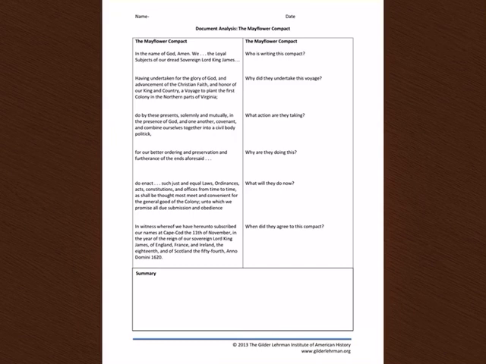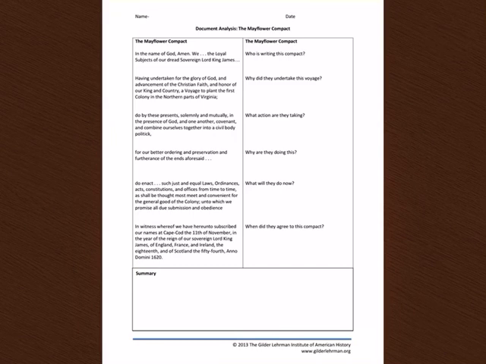Guys, if you think of an answer, go ahead and type it. I'm just going to help read through it and help you understand what the questions are asking. All right, next one: do by these presents solemnly and mutually in the presence of God and one another covenant and combine ourselves together in a civil body politic. I understand some of these wordings and spellings are different. So what action are they taking?